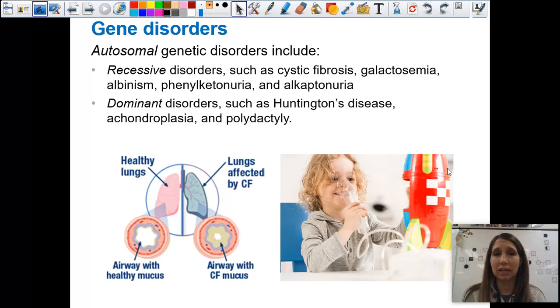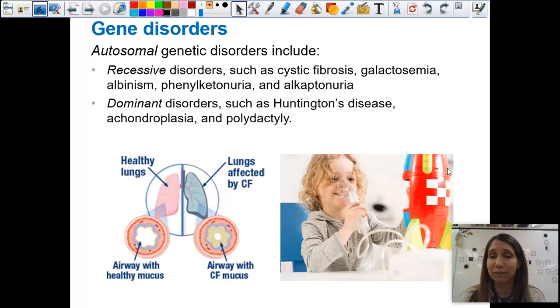Same with phenylketonuria, which is often called PKU. There's a lot of processed foods where near the nutrition label it will reference phenylketonurics, which are those types of compounds that people with PKU have to stay away from.